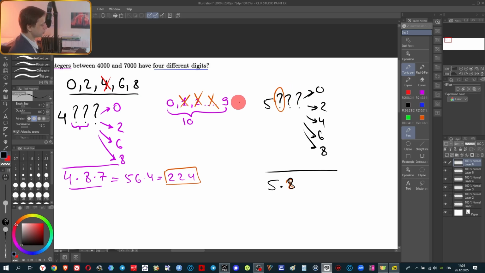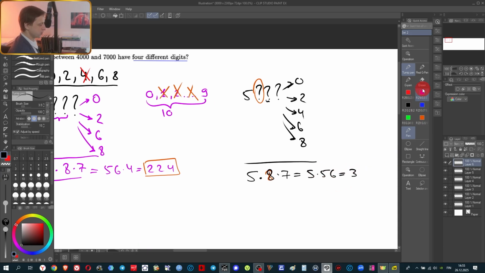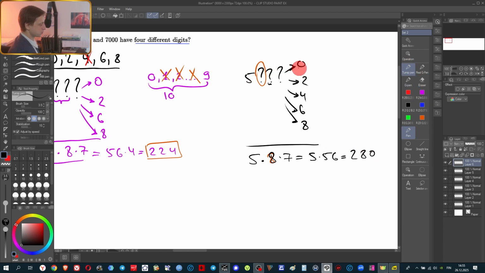However, 3 digits here are already occupied, so it means that we have 7 options to choose this one. Therefore, here the number is 5 times 56, which is 280. 280 is our number here. So 280 numbers that look like this. They start from 5, the last digit is even, and they consist of different digits.